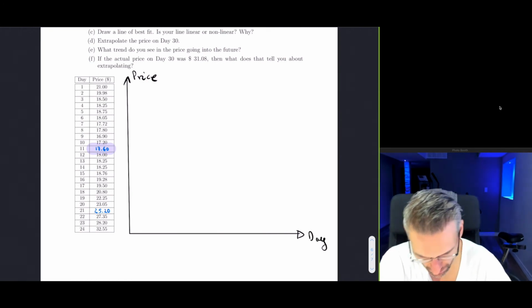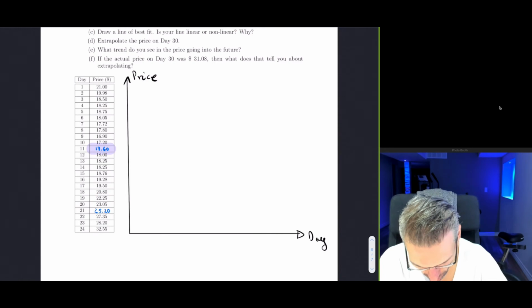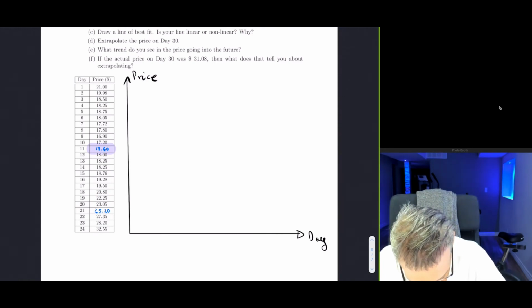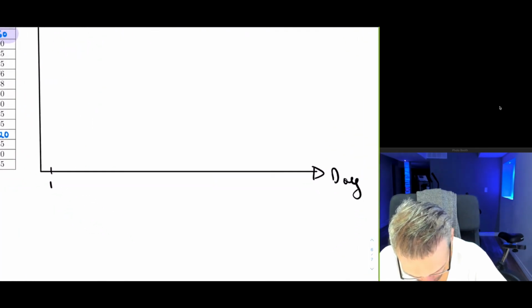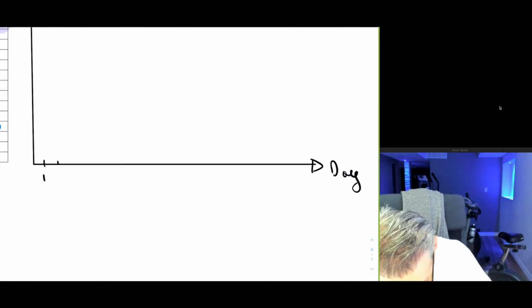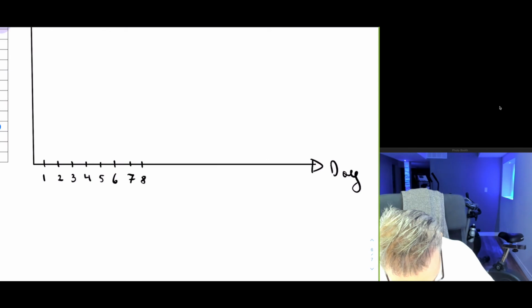And then we can mark them, from day 1 all the way through. Okay, so we'll have day 1. Let me blow this up so that you can see it. Okay, so day 2, day 3, day 4, day 5, day 6, 7, 8, 9, 10, 11, 12, 13, 14, 15, 16, 17, 18, 19, 20.